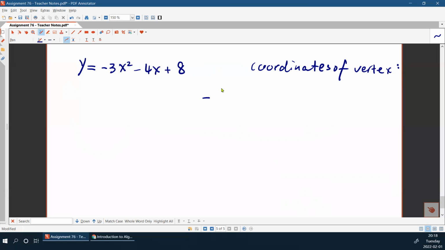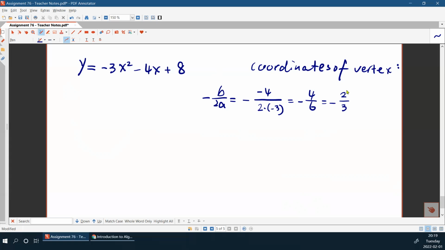Negative b over 2a, which is equal to negative negative 4 over 2 times negative 3, which is equal to 4 over negative 6, which can be simplified to negative 2 over 3, right?